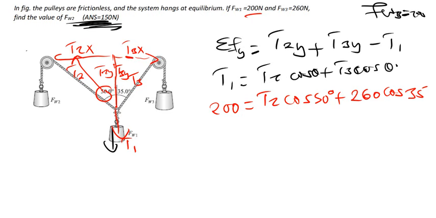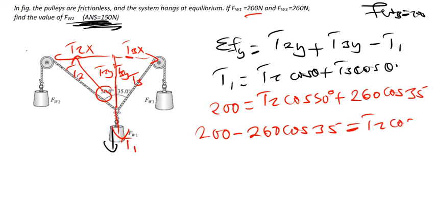Then if I shift that to the other side, it's going to be 200 minus 260 cos 35 equal to T2 cos 50 degrees.